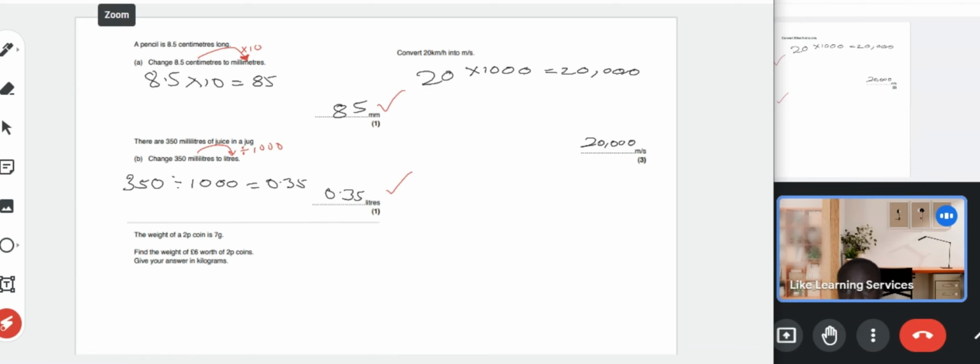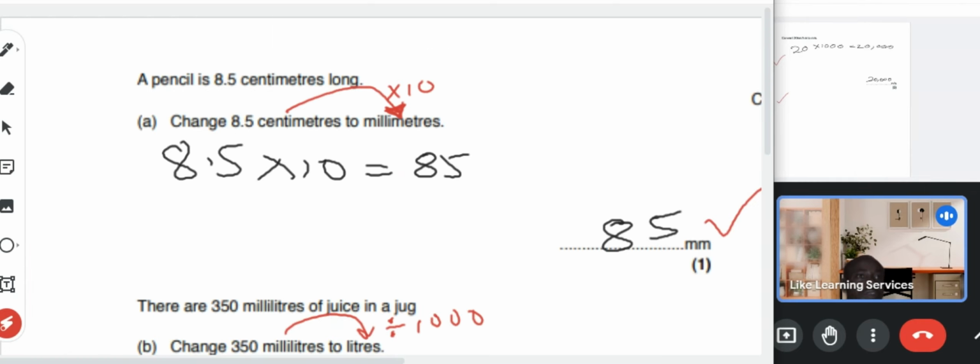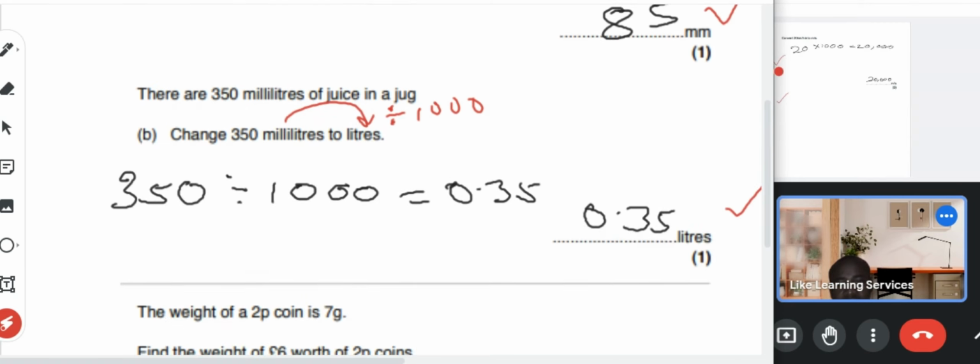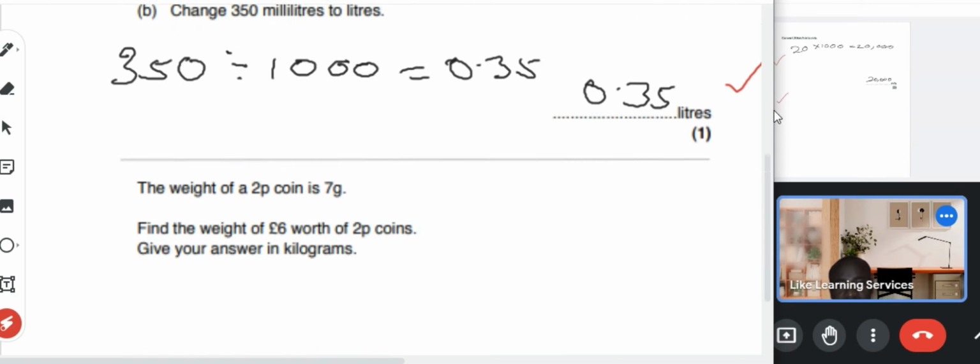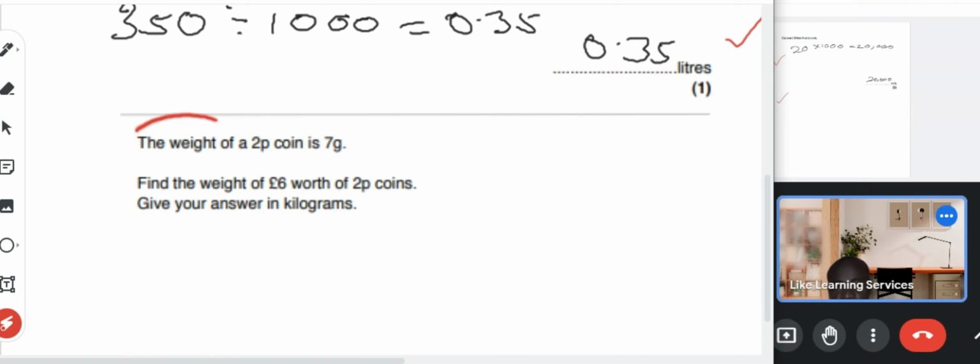Now this one that you struggled with. It says the weight of a 2-pence coin is 7 grams. And it says find the weight of 6 pound worth of 2 pence coins. Did you get that?